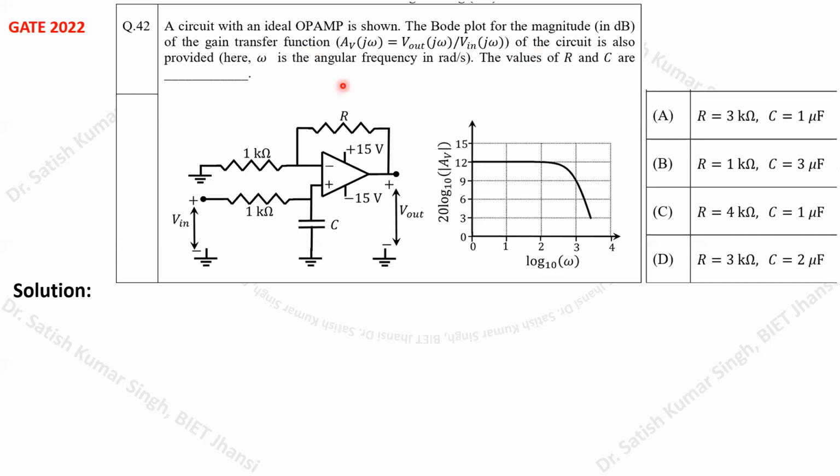Here omega is the angular frequency in radians per second, and we have to find the values of R and C. Here you can see the op-amp circuit shown in the picture, and its Bode plot is given. This Bode plot is nothing but the frequency response of this particular filter, right?